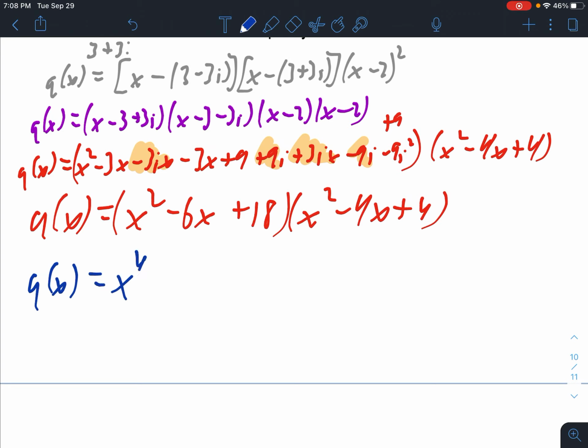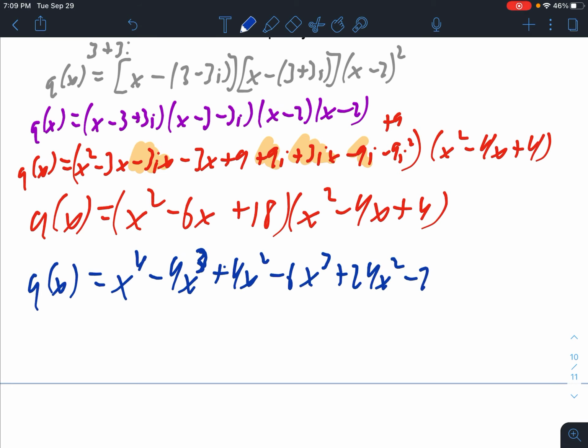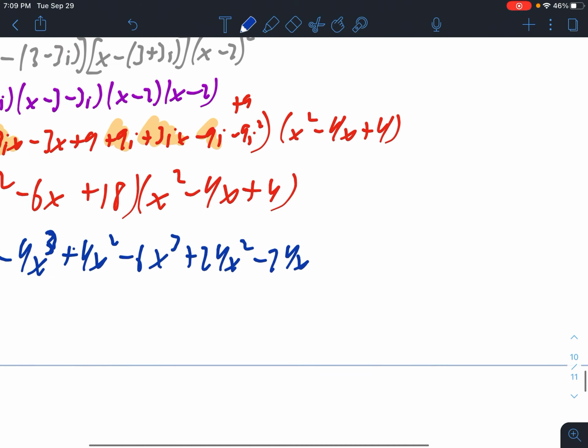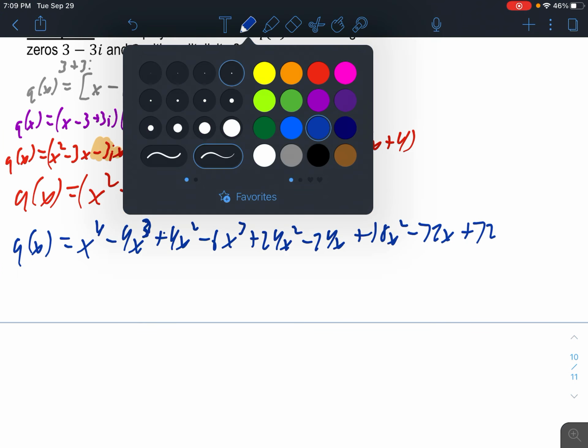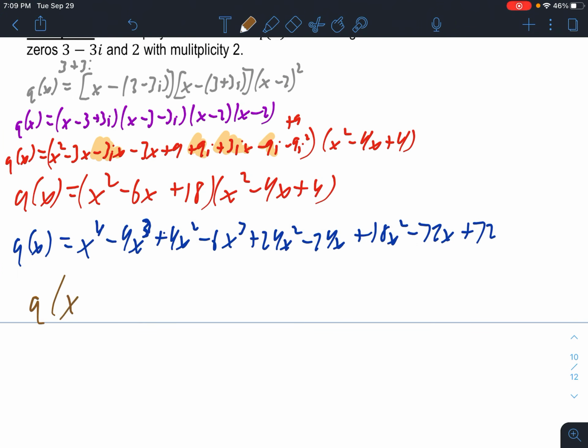Distributing x squared. Distributing negative 6x. And distributing 18. Which finally brings us to our final answer of x to the fourth.